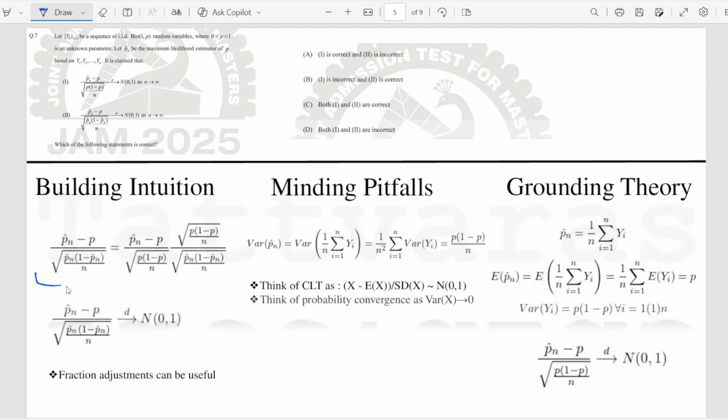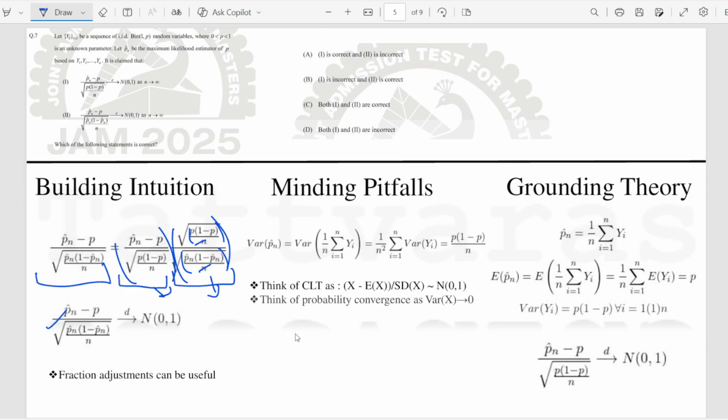When we have a slightly complicated fraction, there is a possibility of making it into a product of two fractions that are simple to deal with. This becomes a part of the central limit setup, and in this part, the n and n's cancel, and we know that this quantity is going to this quantity. So this converges in distribution, this converges in probability, and by Slutsky's theorem, we do have this thing holding.